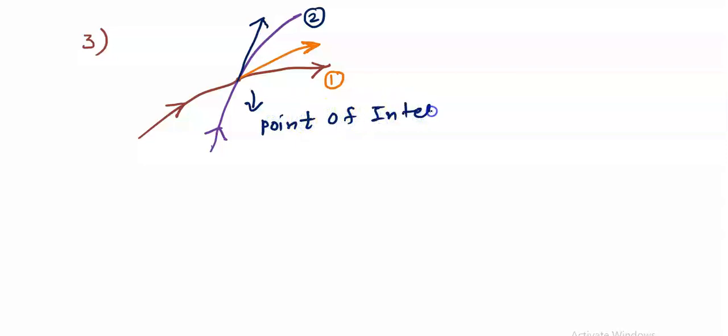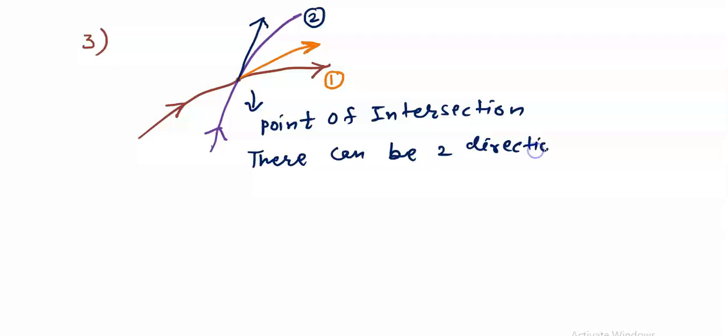So if we can draw two tangents at the point of intersection, it means that there can be two directions of electric field, because we studied that if we draw a tangent at any point of the electric field line, then that tangent gives us the direction of electric field.